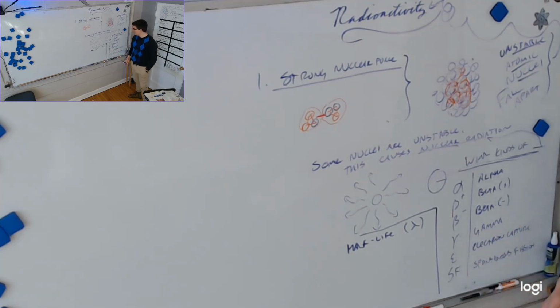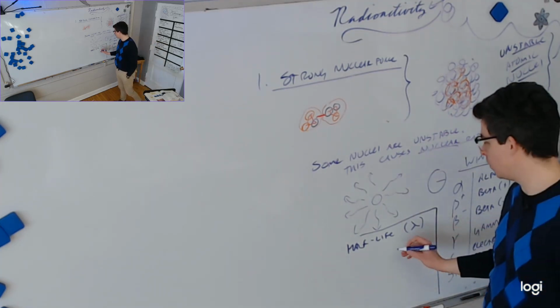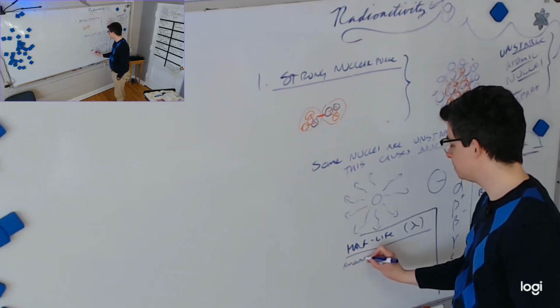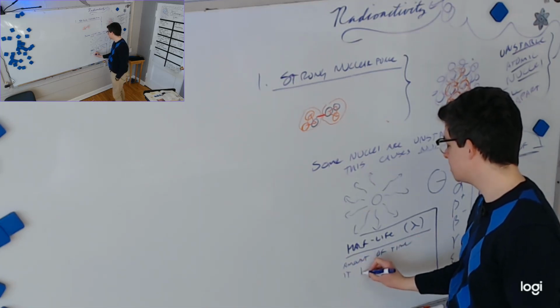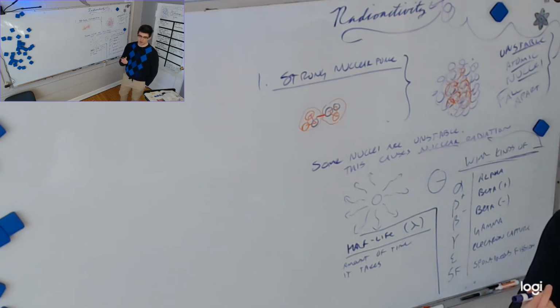And then this is lambda, the Greek letter lambda, and this is what we call half-life. Half-life is an amount of time. It takes for half the nuclei to decay. Yep, the amount of time it takes. We did talk about this last year. I assume you got that from your book, or maybe you did remember it from last year.